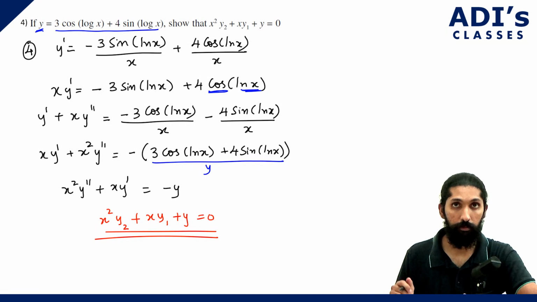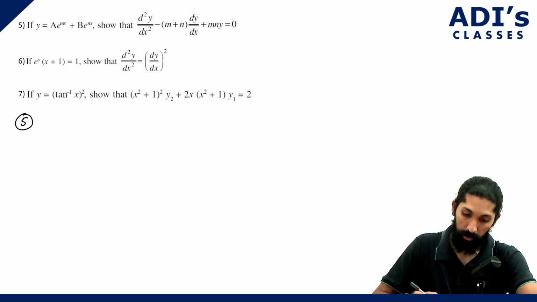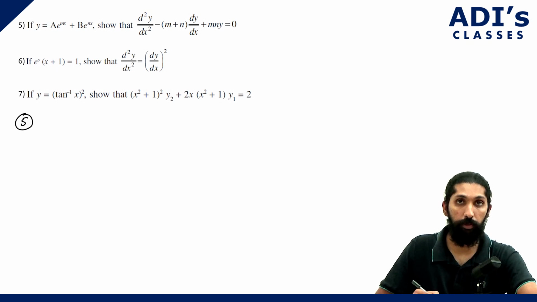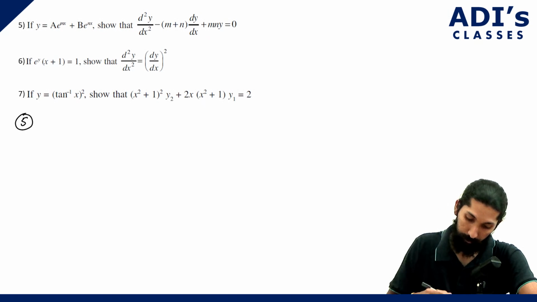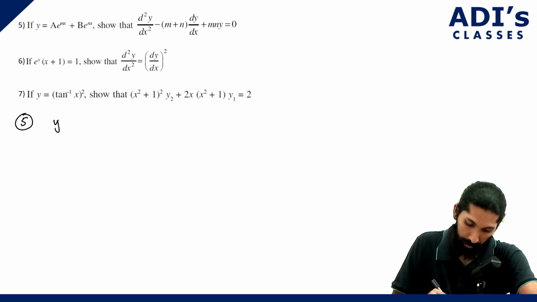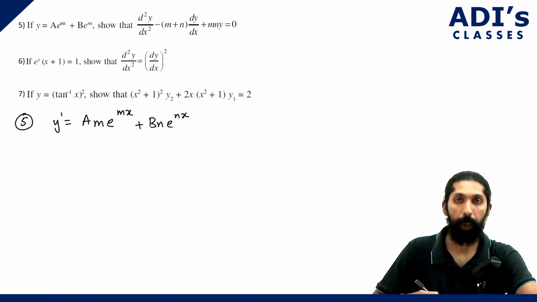Let's do the next one now. See the fifth one. y is so much and they're asking you to prove it, right? So let's first directly differentiate. All right, so when you differentiate, y dash will be a into m e power mx plus b into n e power nx. Correct?